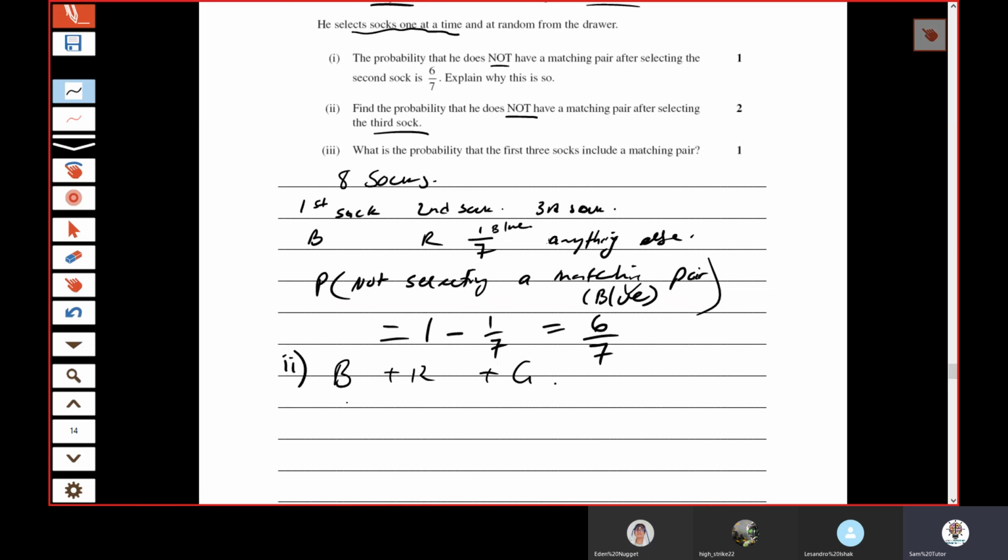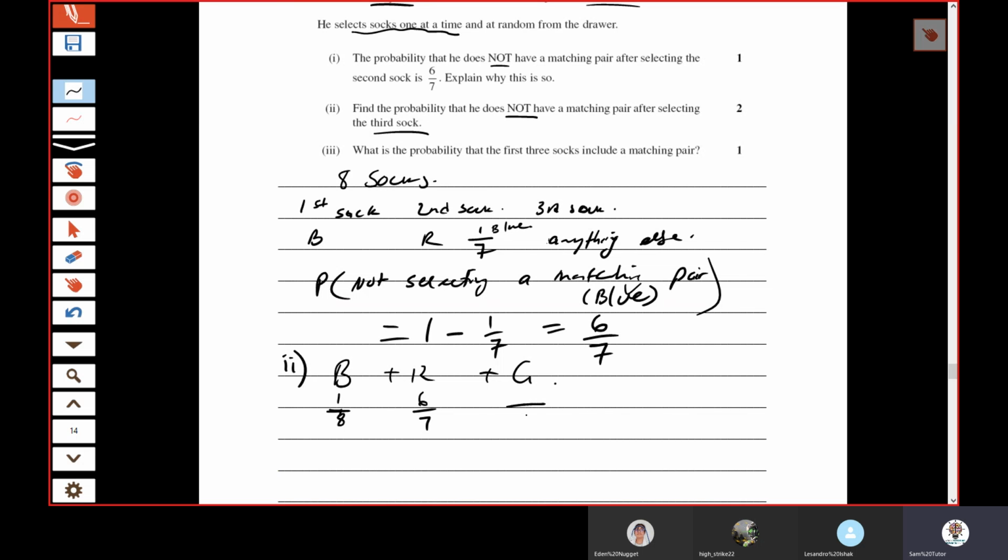You could have done it a few ways. This is 1 out of 7, 1 out of 8. Then there's this one here, which is 6 out of 7. Then this one here could be, it's not matching still.